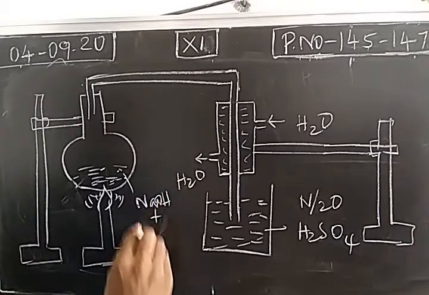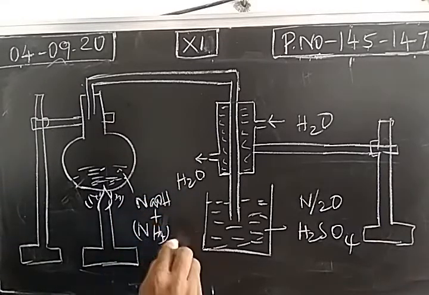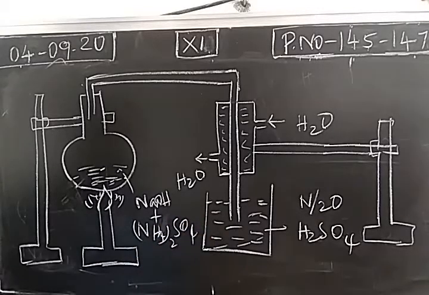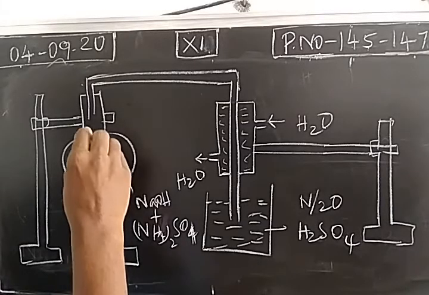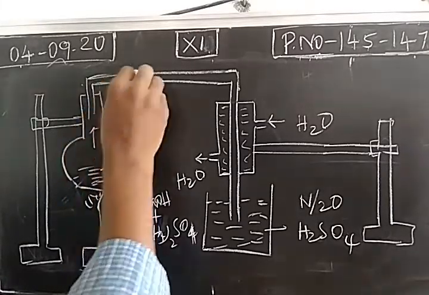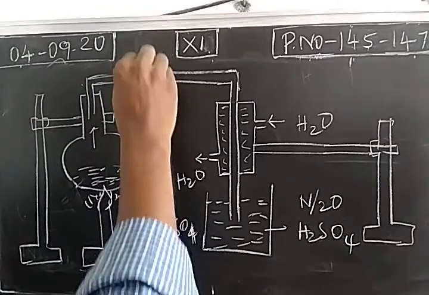Sodium hydroxide and ammonium sulfate are heated in this round bottom flask with a capacity of 1 liter, and there is a liberation of ammonia gas which is coming out.